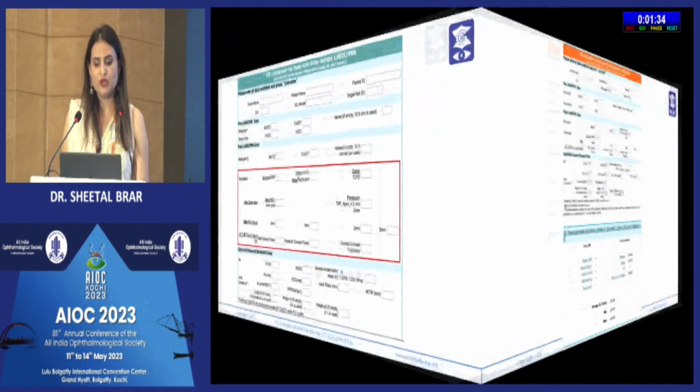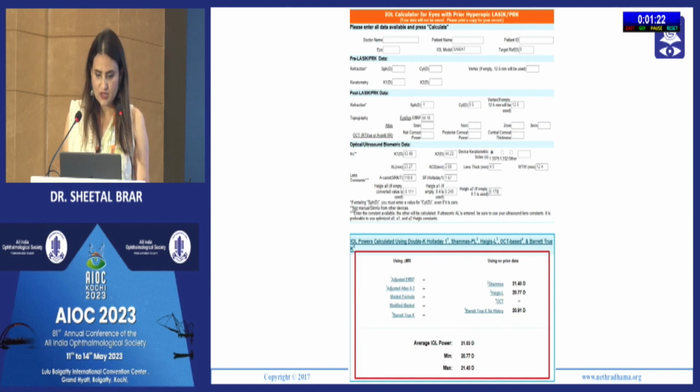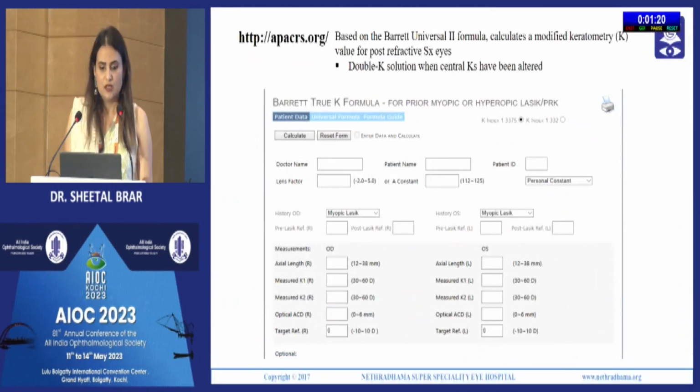Based on whatever data you have entered, it will suggest IOL power using different formulae, like the Shammas formula, Haigis-L, and the Masket formula, etc. Then you also have the APACRS website, wherein you have the Barrett True-K formula.